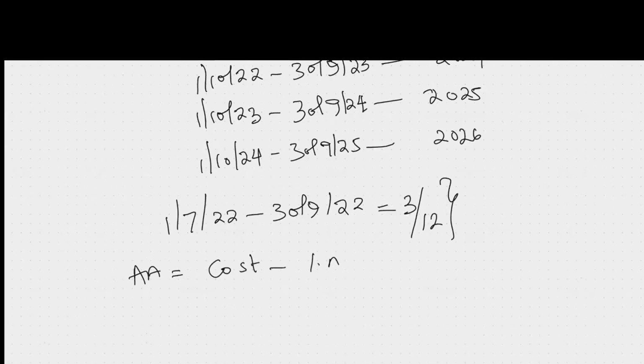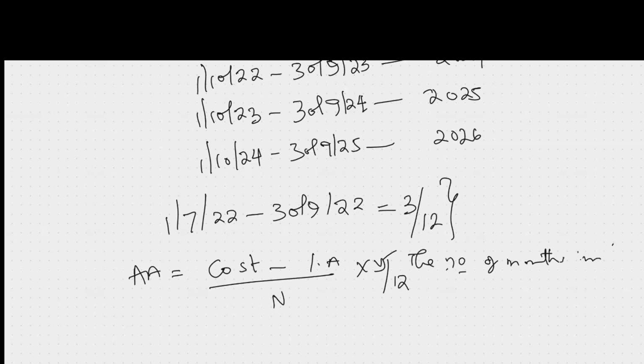What does y represent? The number of months in the basis period in which the assets will be put into production use.